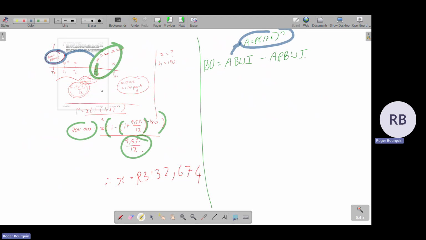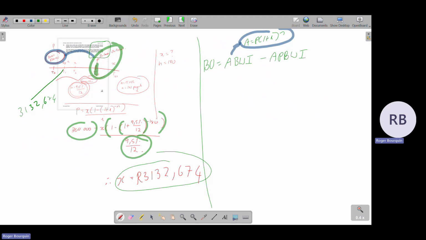Then the amount paid back. For the amount paid back, you're putting in an amount of X, which was 3,132.674, every single month, and you want to know what comes out. What are those repayments worth with interest? What formula is that going to be?